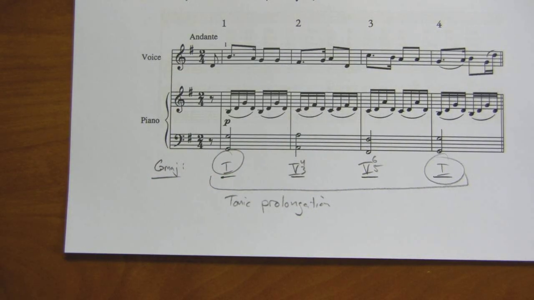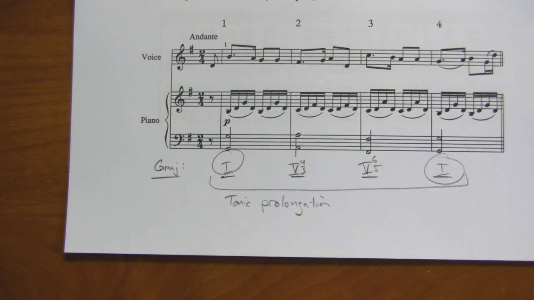But now instead of precisely alternating 1, 5, 1, 5, 1, you get 2 different versions of the 5 chord. You can do it like this: Do, Re, Ti, Do, 1, 5, 4, 3, 5, 6, 5, 1. Or you could do it the other way: 1, 5, 6, 5, 5, 4, 3, 1.